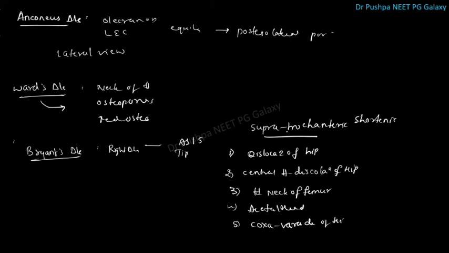In these conditions there will be supratrochanteric shortening, which is analyzed by Bryant's triangle. It is a right angle triangle formed by the anterior superior iliac spine, tip of greater trochanter, and the junction of perpendiculars from these two lines.